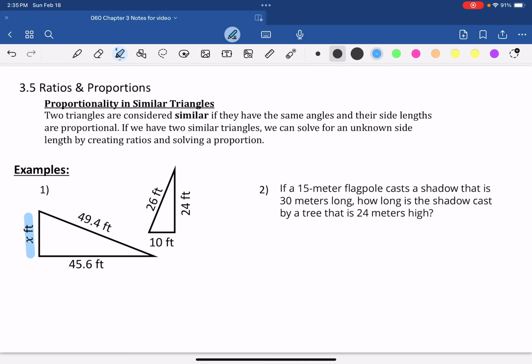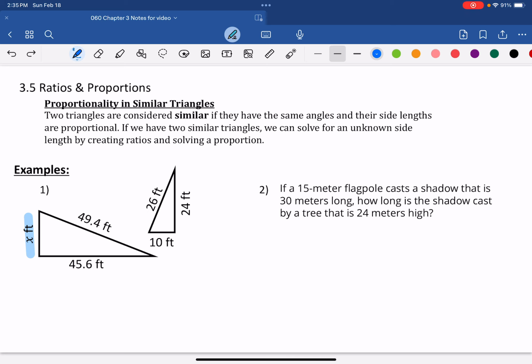Well, in order to do that, I need to know which sides are proportional to that side. I need to know which sides are essentially the same for the triangle.